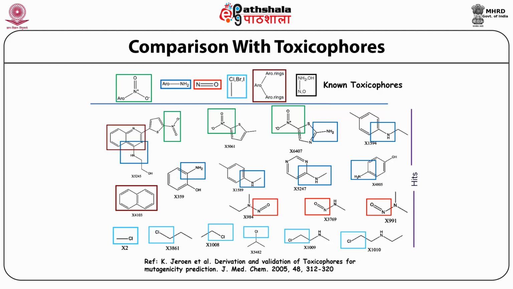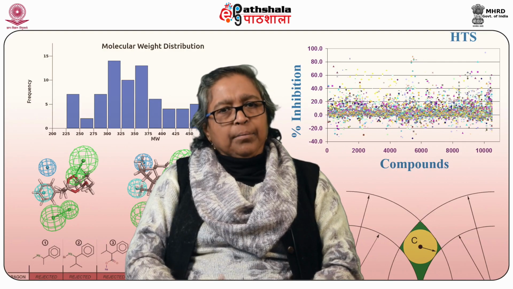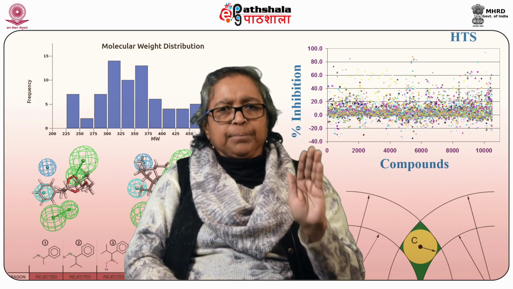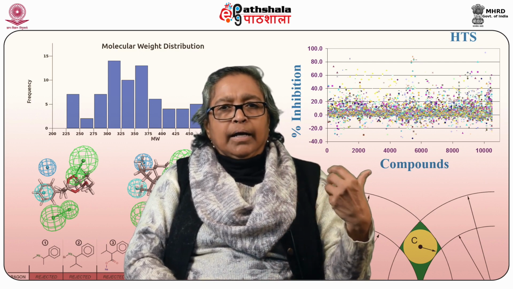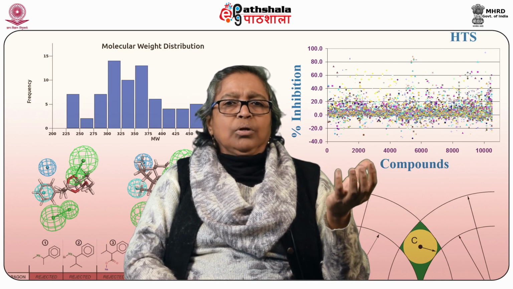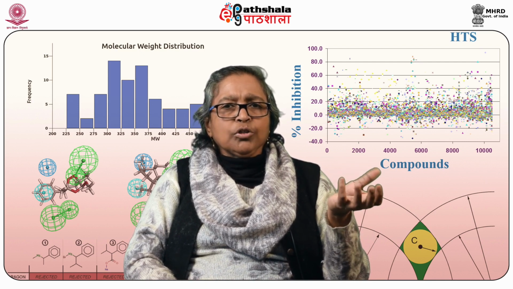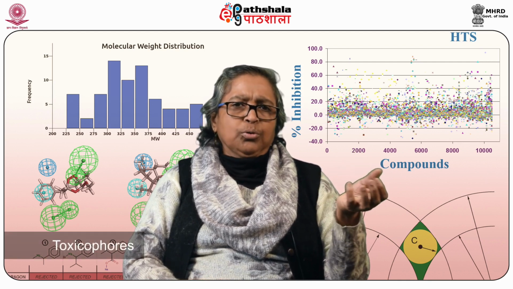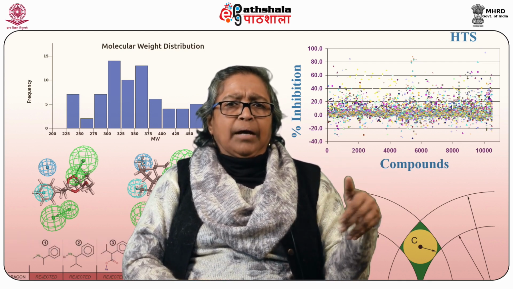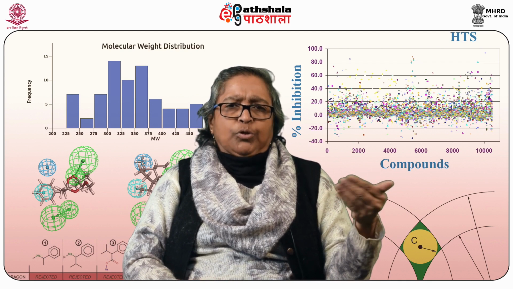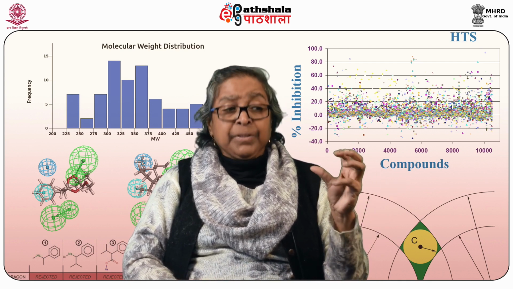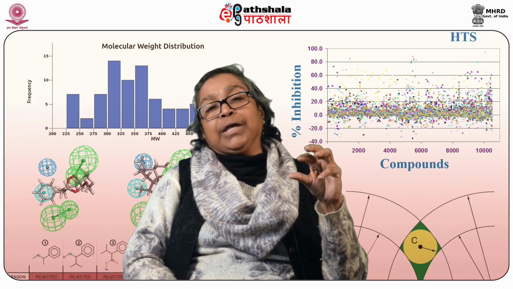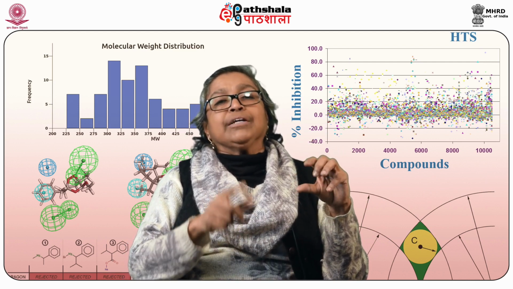In summary of this method which I have displayed, we must know these toxicophores. The more we know the small toxicophores found to be responsible for toxicity, the larger the size, the more importantly we can design compounds not having those toxicophores.